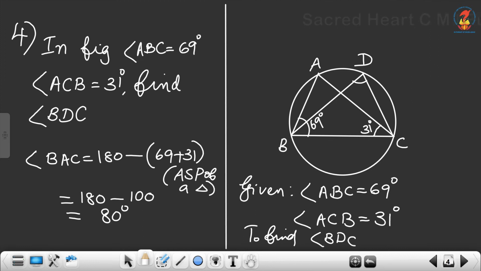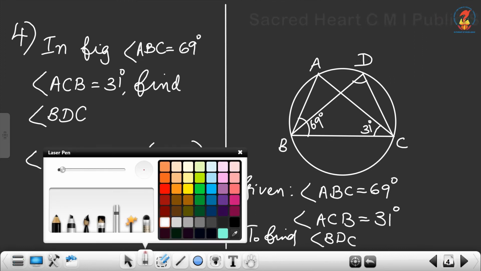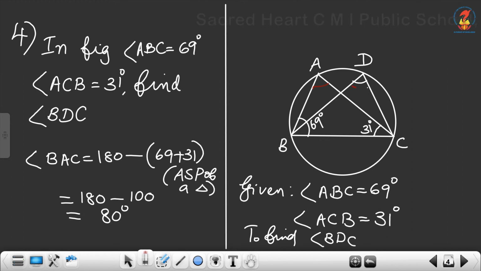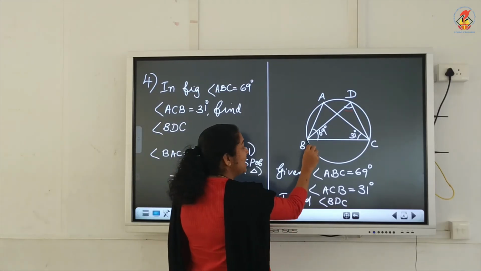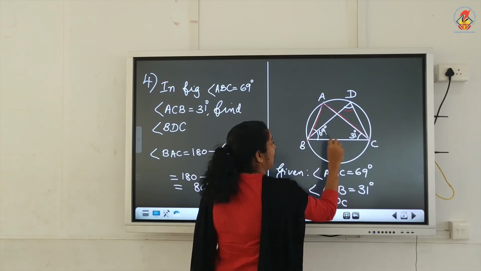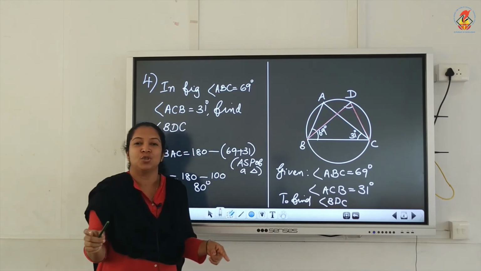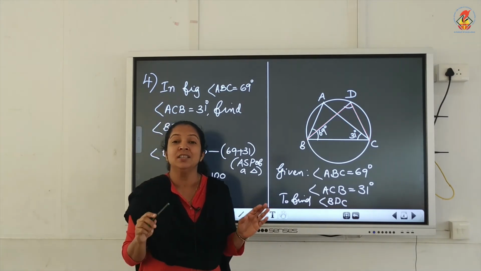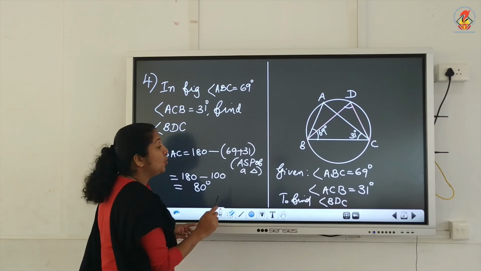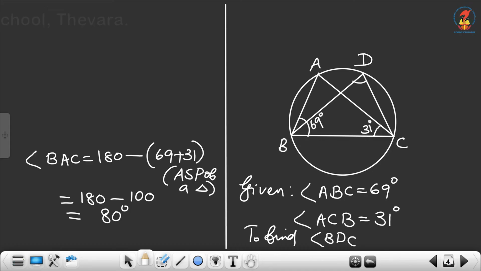What is the connection between angle A and angle D? Angle A means angle BAC and the next one, angle BDC, are ending at the same points. So what can we say? They are in the same segment, so they are equal.